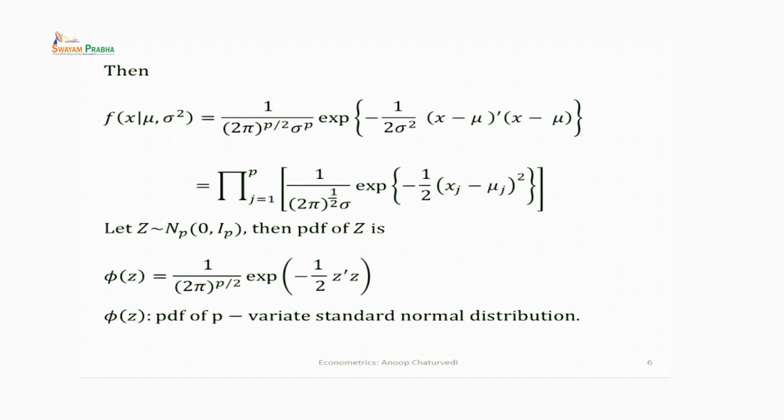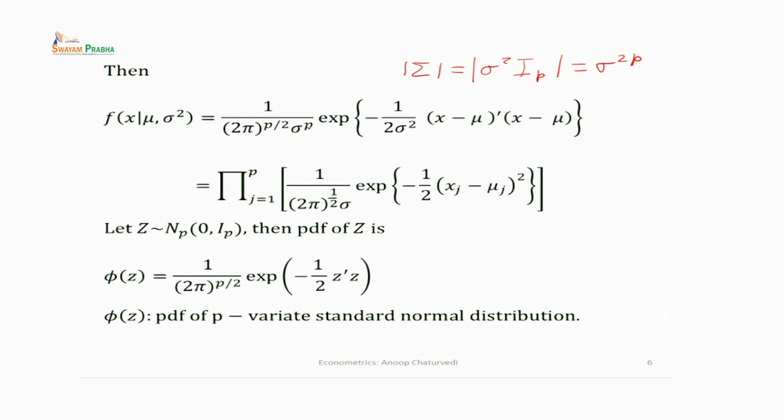Then for this particular case, f(x given mu, sigma square) is equal to, you have 1 upon 2 pi to the power p by 2, then determinant of sigma, which is determinant of sigma square I_p, which is equal to sigma to the power 2p. Then you have to take determinant of sigma to the power half.